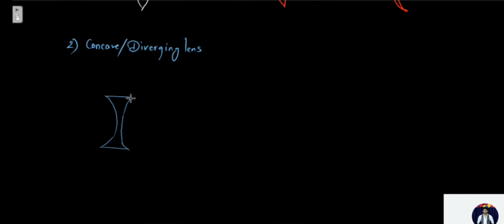So it is going to look something like this. Both the surfaces are concave over here. This is going to diverge a parallel beam of light. If there is a beam of light coming like this, it is going to diverge this beam of light.